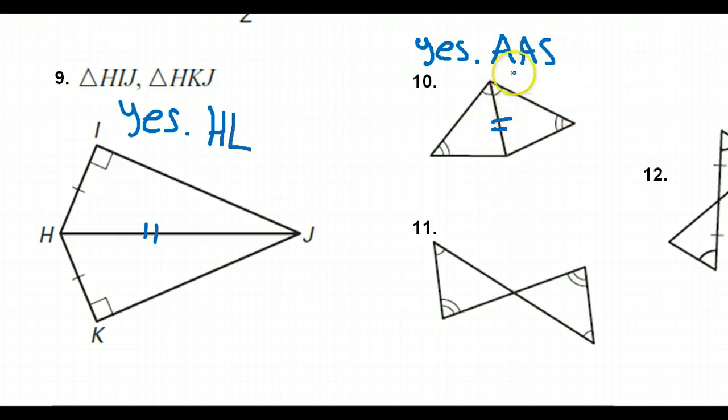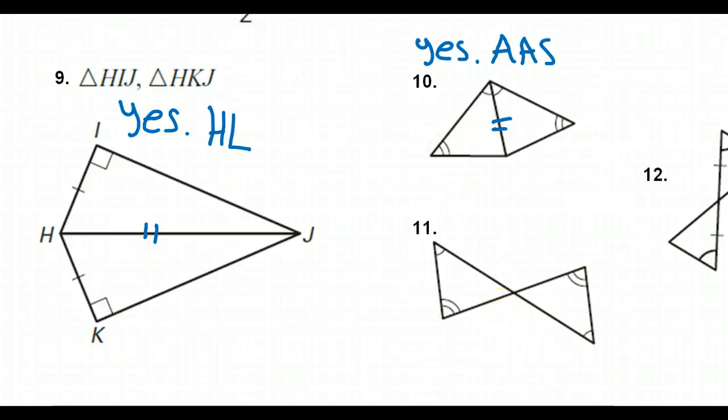Again, try not to get confused between angle, side and angle, side, angle. If this had been angle, side, angle, then the congruent side would have been in between the two angles. But because it is not, then it's angle, side.